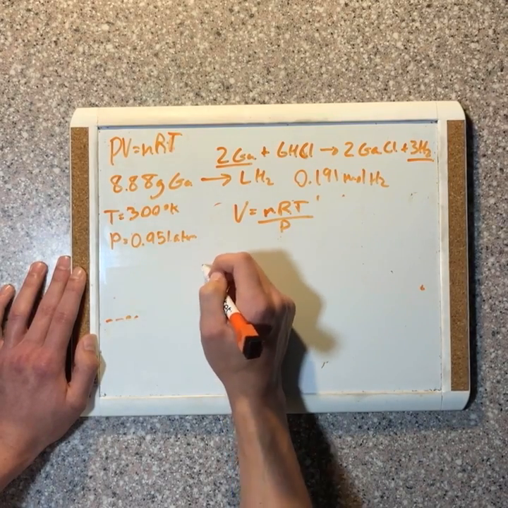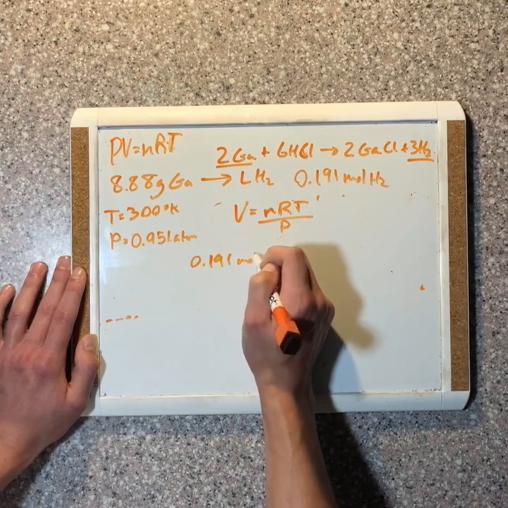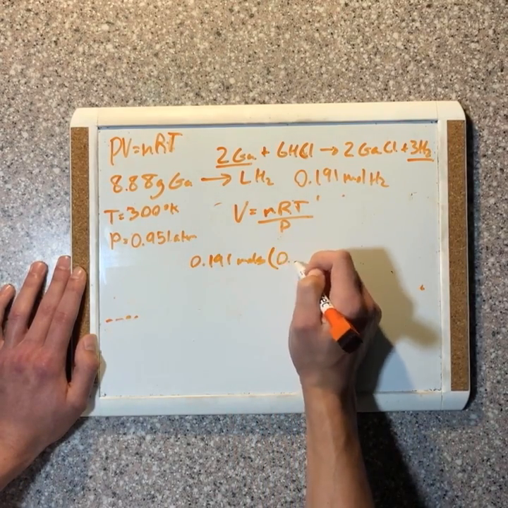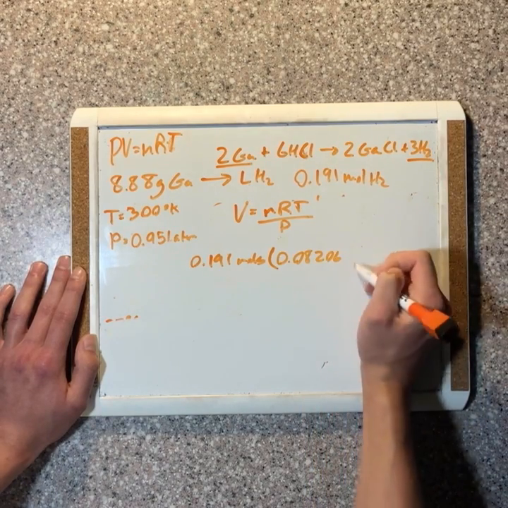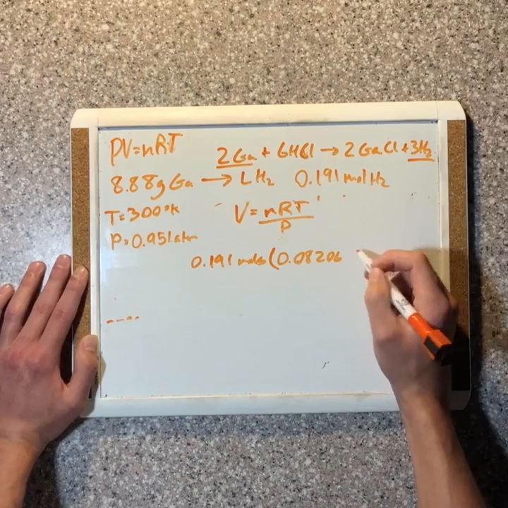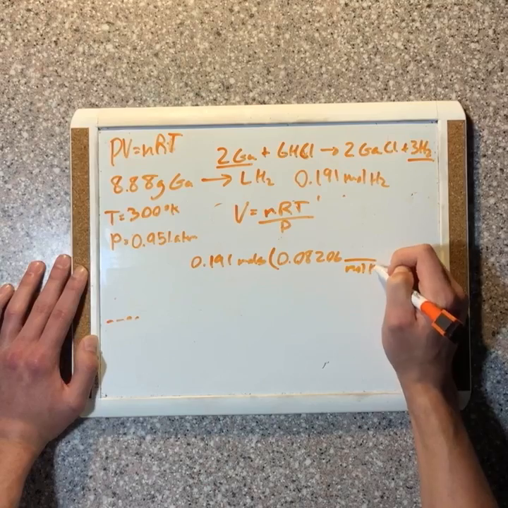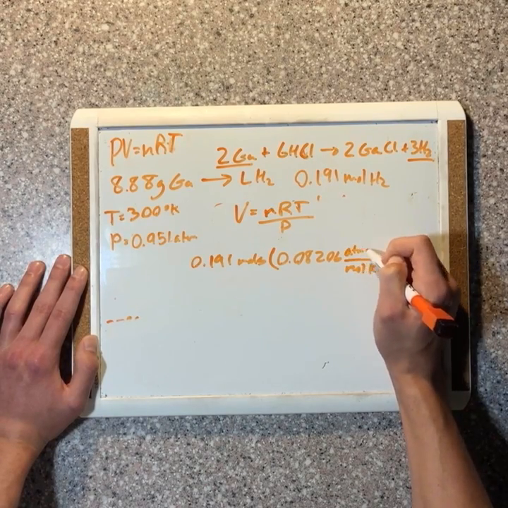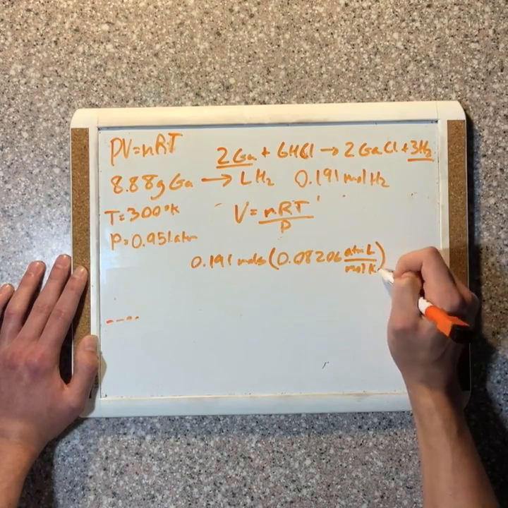So number of moles first, 0.191 moles times our constant, 0.08206. And then remember the units on this are funky, but it's going to be moles and Kelvin on the bottom, and then atmospheres and liters on top.